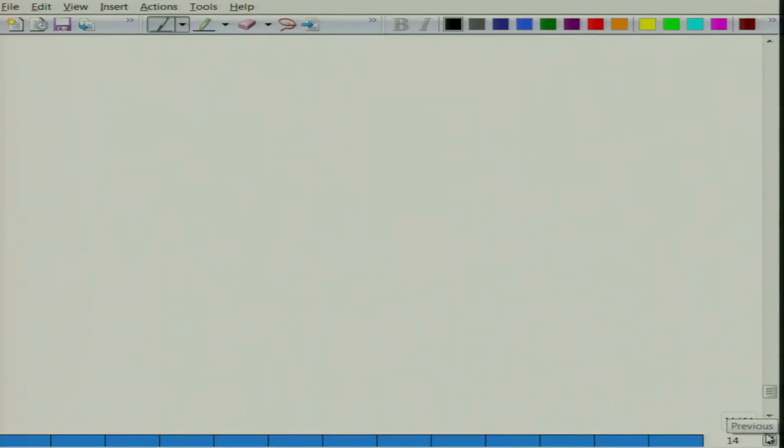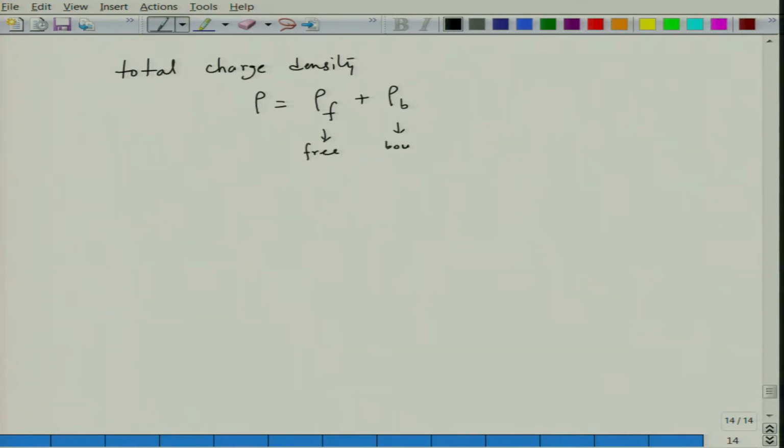So, we said that the total charge density rho was equal to the free charge density plus the bound charge density. So, we said rho_F plus rho_B, this is free and this is bound.